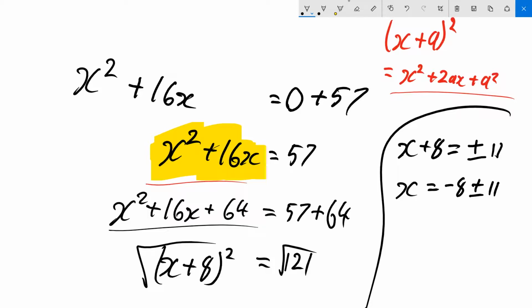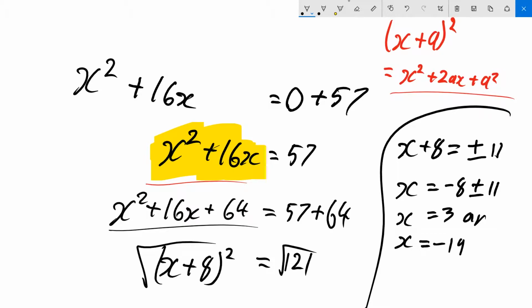Okay, so then we'll start with plus first. So negative 8 plus 11 is going to be positive 3, which is equal to x. Or x is going to be equal to minus 8 minus 11, that's minus 19.